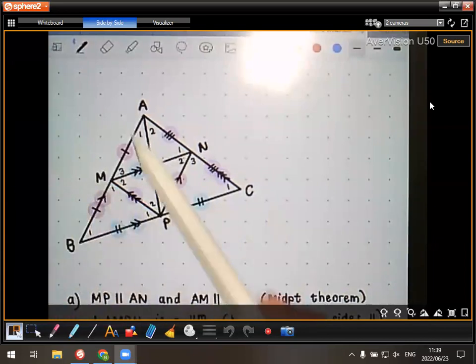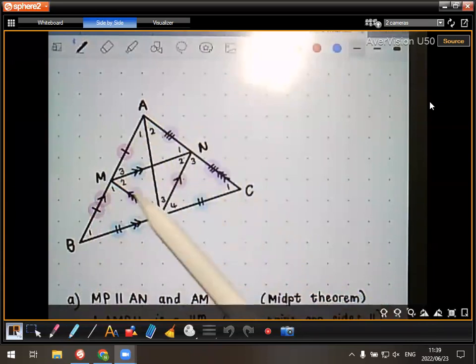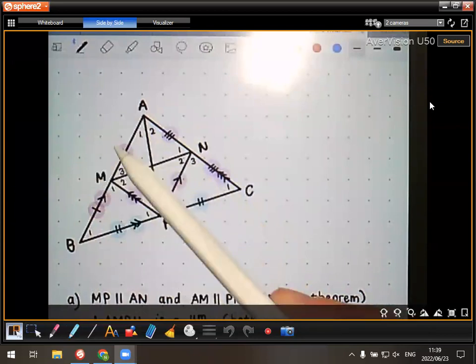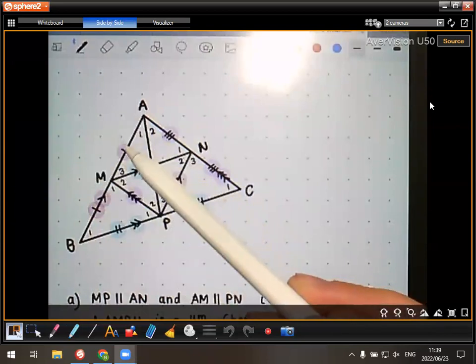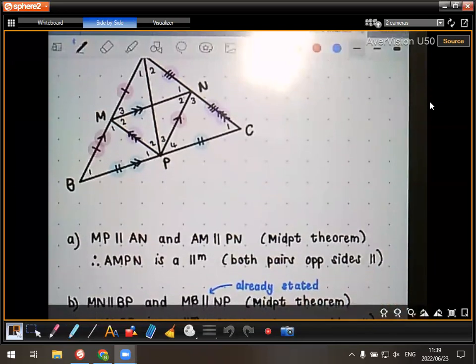So MP is parallel to AN because of midpoint theorem. And then remember, we're looking at this shape here. The other sides of that parallelogram, AM and PN, are also parallel, also because of midpoint theorem. I just put that in one line. So therefore, AMPN is a parallelogram, both pairs of opposite sides parallel.